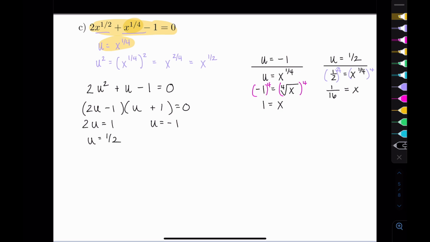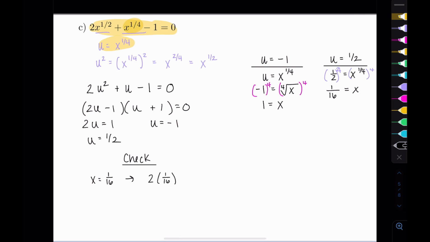We again still need to check that these do actually satisfy the equation. So we'll start with x equals 1/16. Okay. You can use a calculator if you need to, but this is 2x to the 1/2.